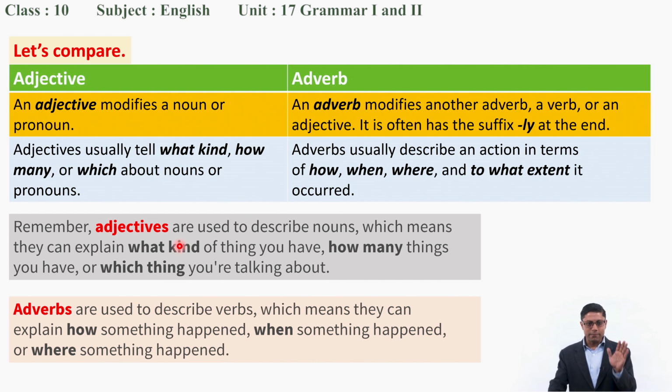Always remember that adjectives are used to describe nouns, which means they can explain what kind of thing you have, how many things you have, or which thing you are talking about. In the same way, adverbs are used to describe verbs, which means they can explain how something happened, when something happened, or where something happened. So you can find the answers to such questions.